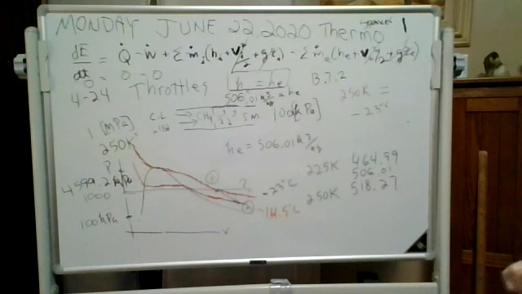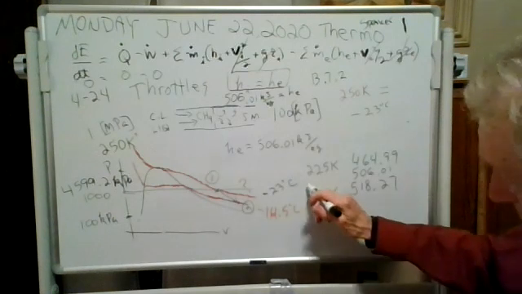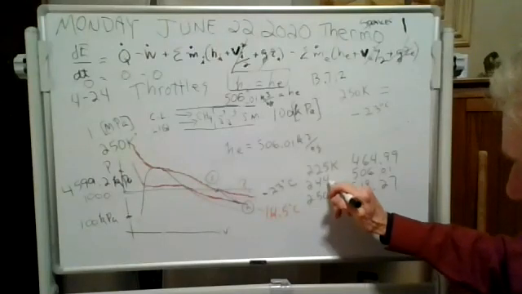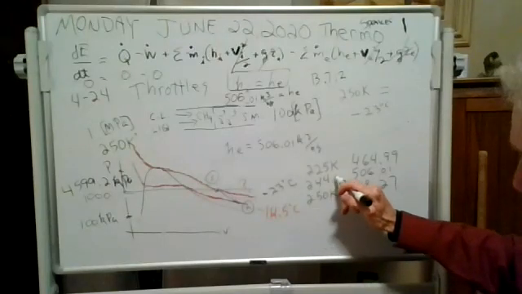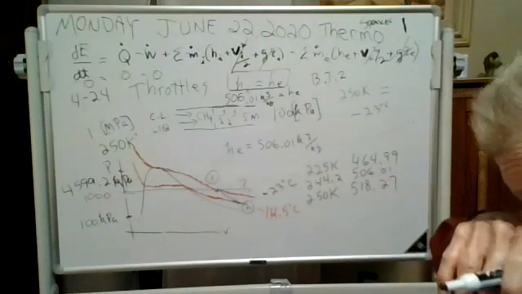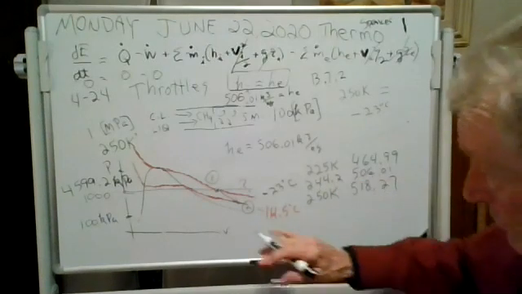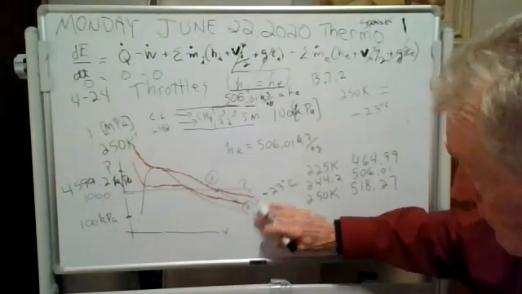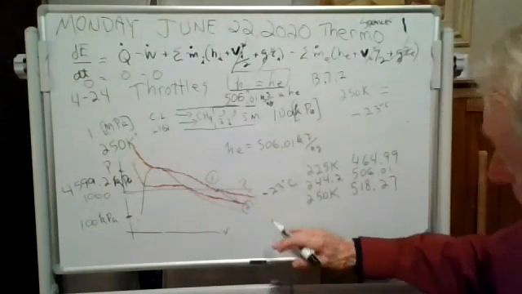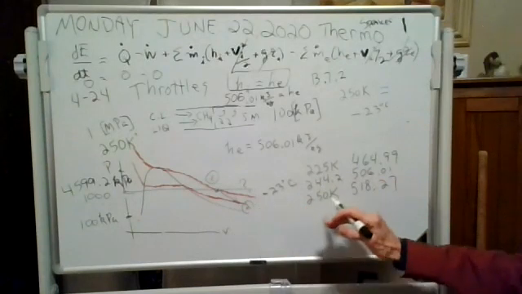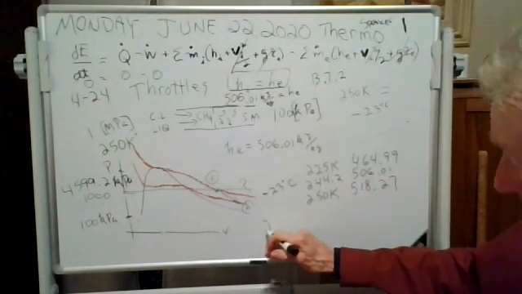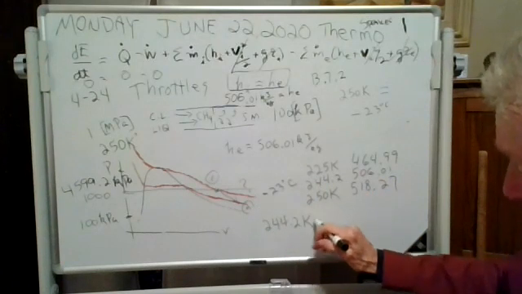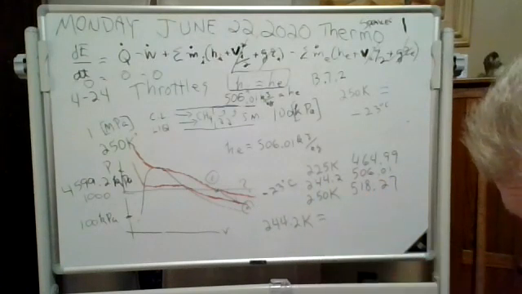Well, I did that. I wonder if I did that right. I'm getting 244.2. So we think that this temperature here is in K. Let me see what 244.2 K is.